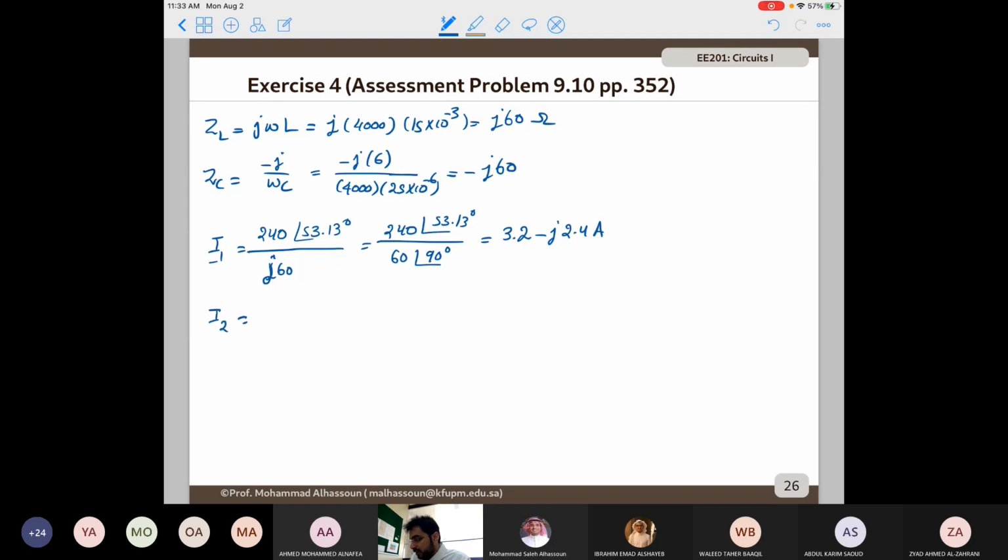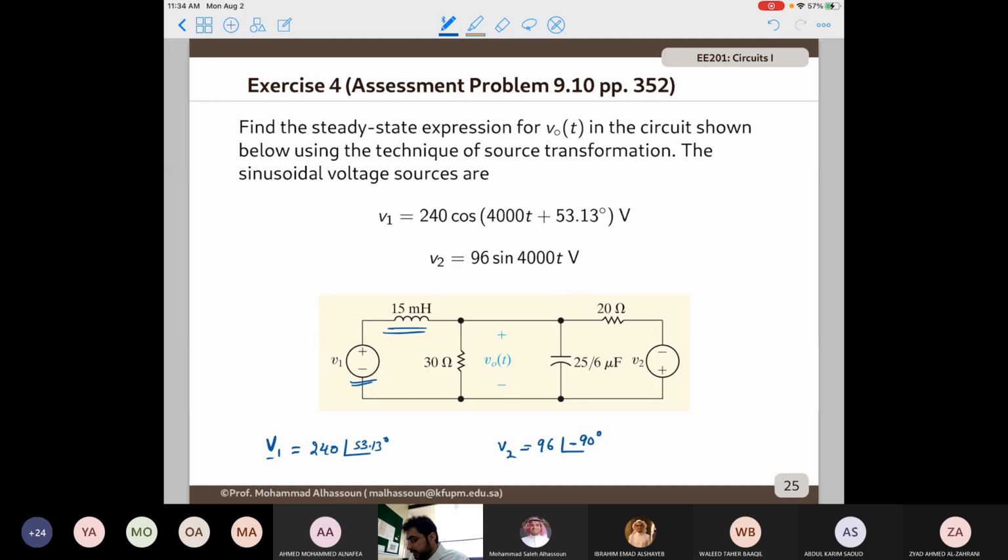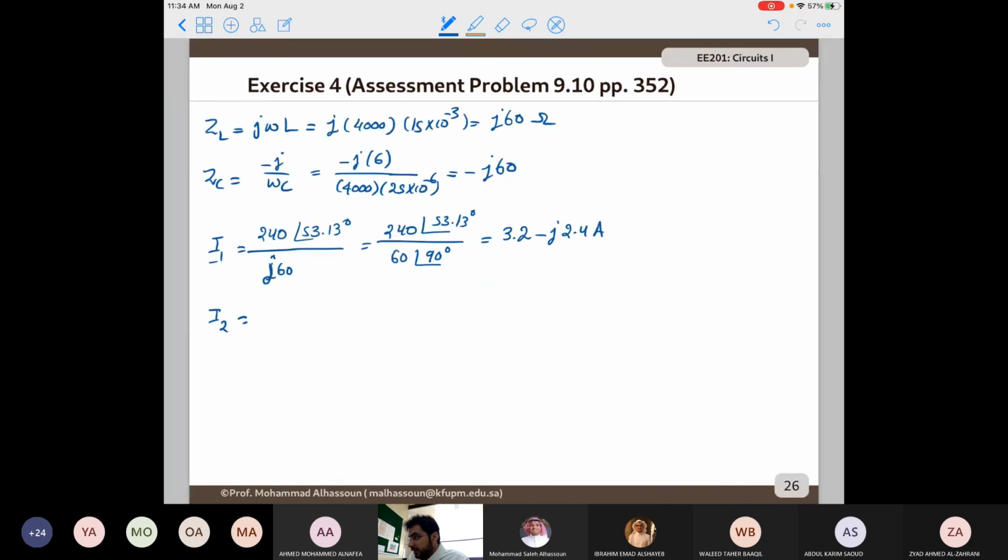Similarly, the second source is easier than the first one because this one is purely real. The voltage is 96 and the angle is negative 90. So V2 divided by 20, 96 angle negative 90 divided by 20, and this is going to give minus j4.8 amperes.